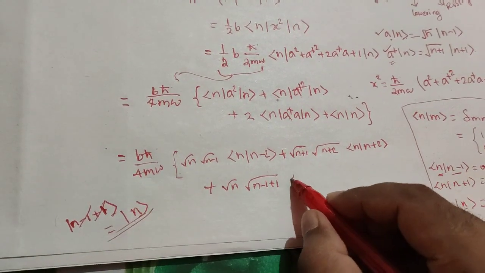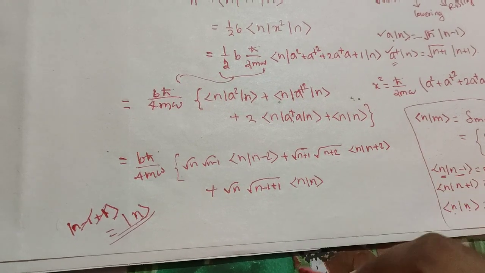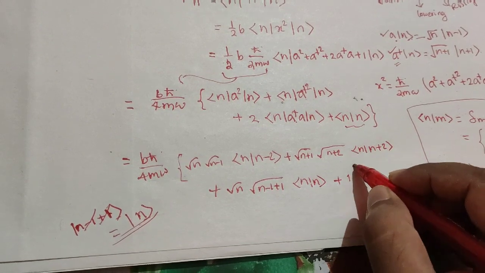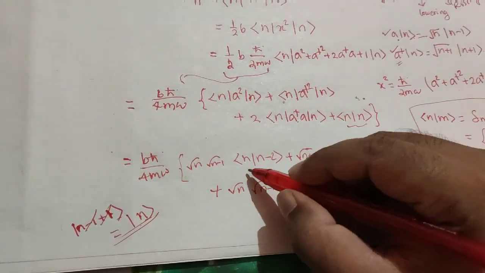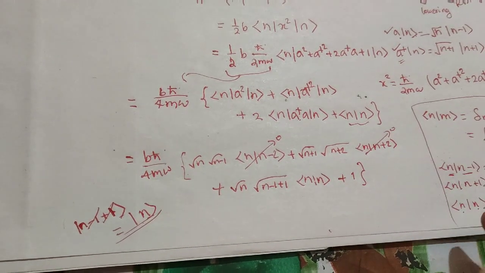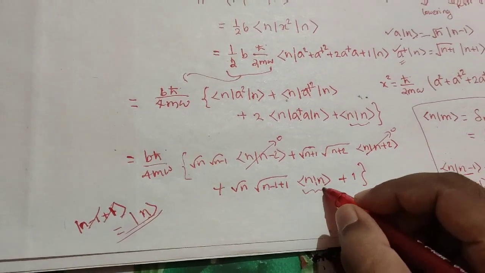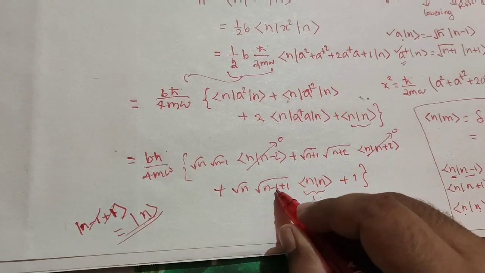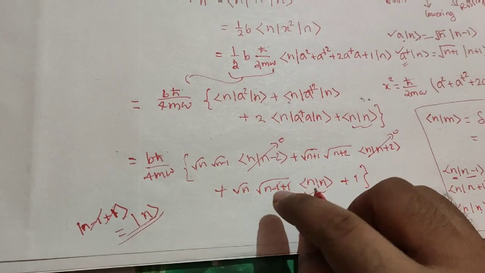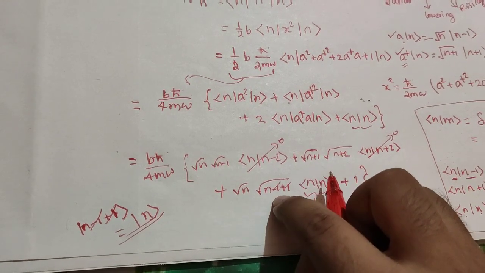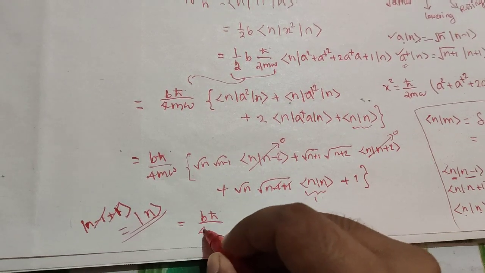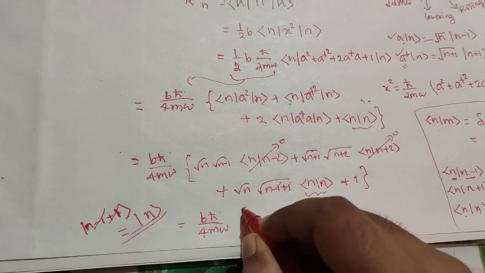So here we can write bra n ket n, and plus this obviously 1. This is 0 and this is also 0, because n and m are not equal, but this is 1. Here root of n minus 1 plus 1 effectively gives root n into root n, which is n. So this becomes b h bar by 4 m omega.